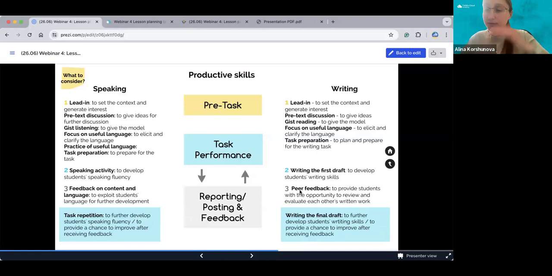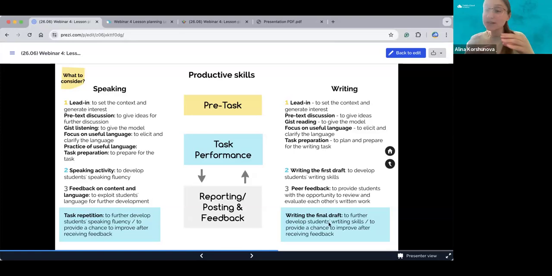So if planning a speaking or a writing lesson, more or less you can follow the same stages. There should be some pre-task stage where you give your students an input. That's very important for productive lessons. Then you would give them enough time for the task itself. Make sure that you devote enough time here.